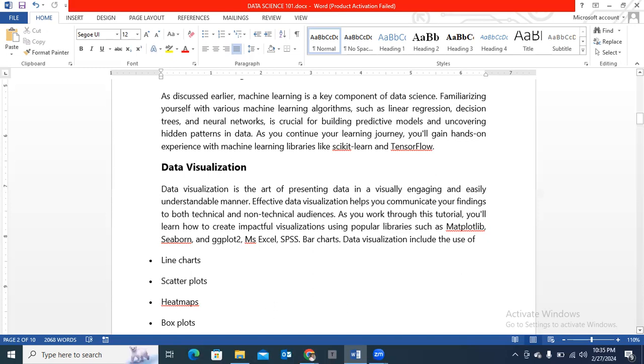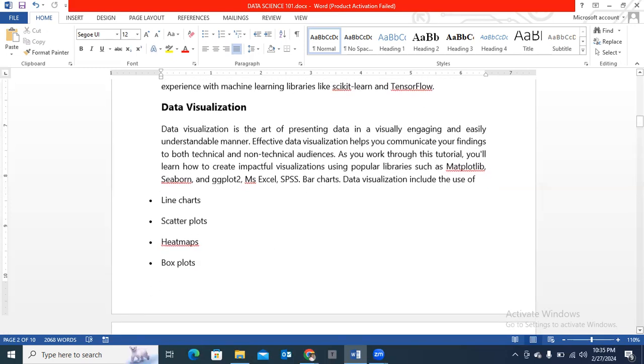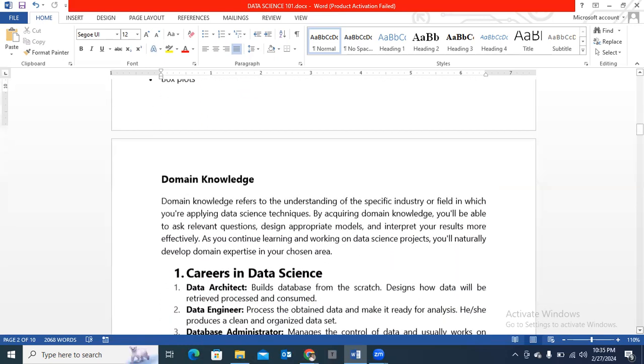So this skill is called data visualization skill. And in data visualization, we do line charts, scatter plots, a lot of charts are involved. So that's the second to the last skill that you actually need.